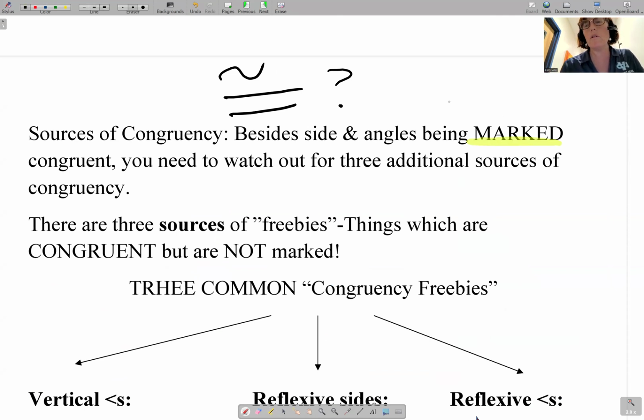For example, I have a segment there, and it's already printed on the page, and you know that those 2 segments are congruent because it's marked ahead of time. Or if I gave you a triangle like this, and the triangle came with 2 sides marked equal, that's called pre-marked. But there's 3 additional sources of congruency, and I call these freebies.